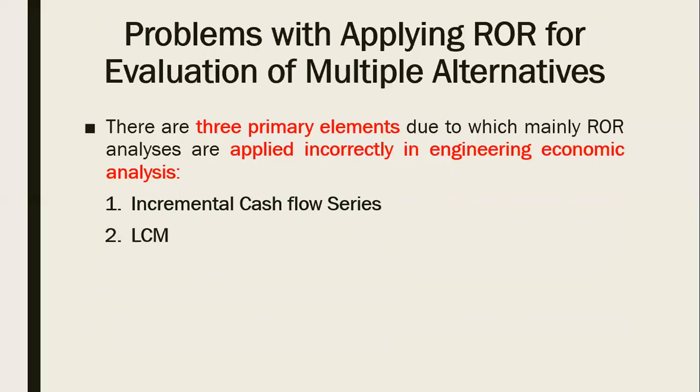Second, the least common multiple. You always need to satisfy the assumption of equal service life of projects. If one project has a 3 year life and another has 6 or 9 years, you need to calculate the least common multiple and make calculations on the basis of the least common multiple of lives. Otherwise, your calculations will be incorrect.